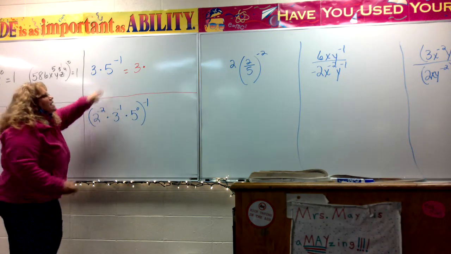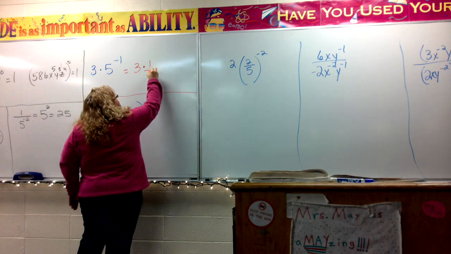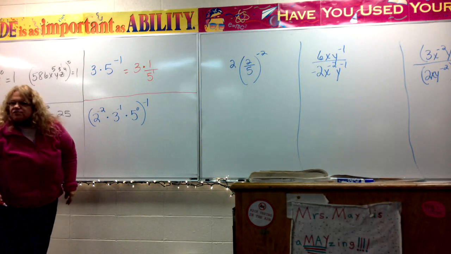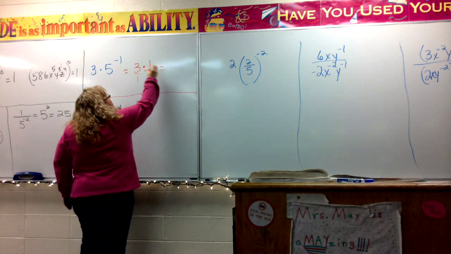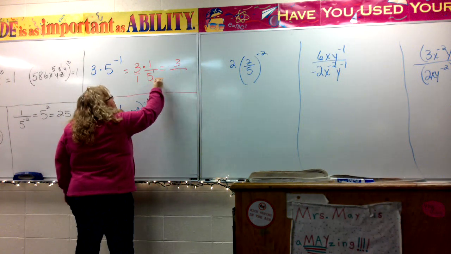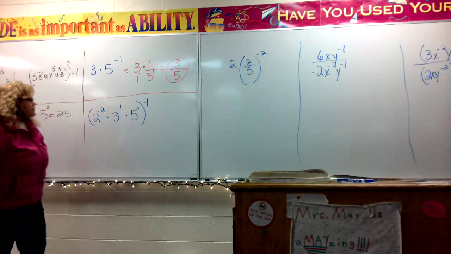If it's a negative 1 power, you're going to make it 1 over 5 to the first. 5 to the first is just 5. What do you get here then if you put a 1 under there? Top times top, bottom times bottom. And it looks like I'm just going to get 3 over 5.